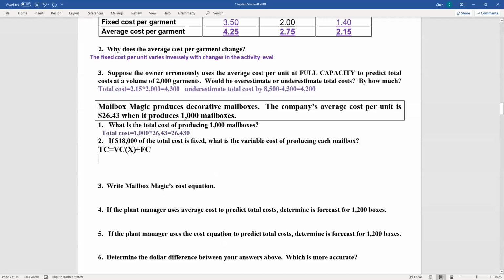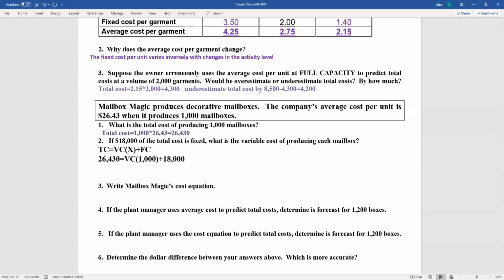And in this equation, what do we have? We have a total cost of 26,430. And what is the variable cost per unit? That is what we need to figure out, right? And how many units are we producing? 1,000. Okay, what is the fixed cost? It's given here as 18,000.